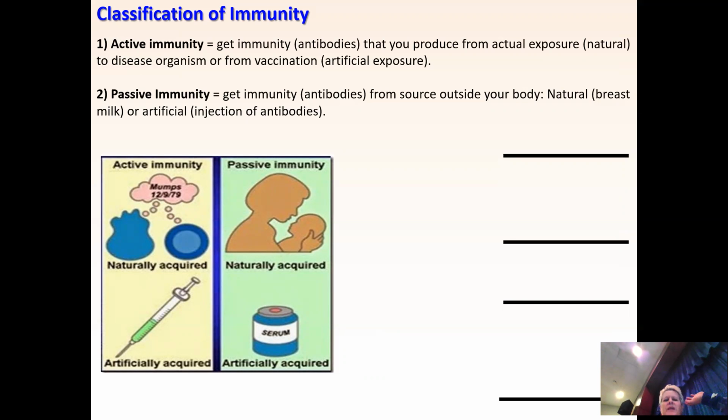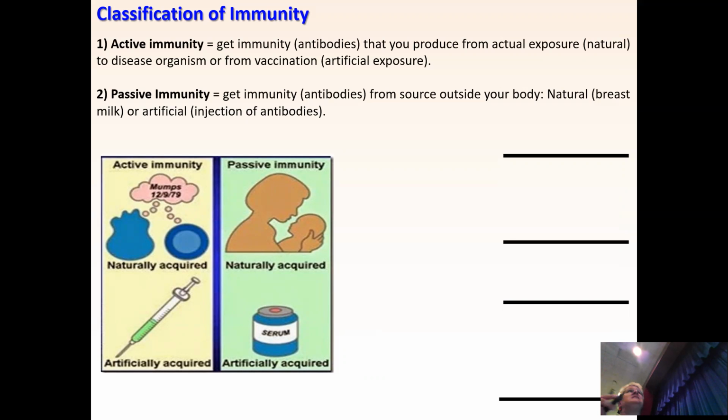Okay, so classification of immunity, two classifications, active and passive. If it's active, your immune system has to do the work of making the antibodies. And we saw that sequence of events: bacteria or a virus enters your body that it's never seen before, and it takes 2 to 3 weeks to get to antibody production, and then what antibodies do when they encounter the pathogen for which they were made.